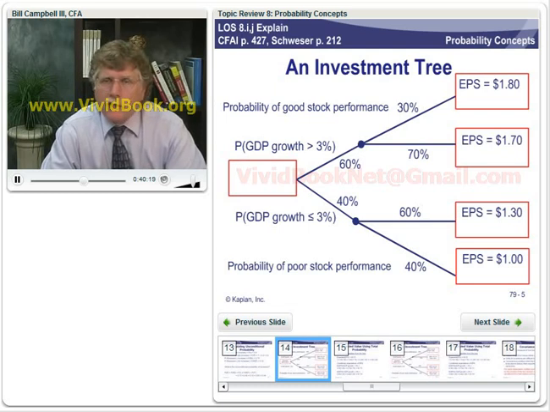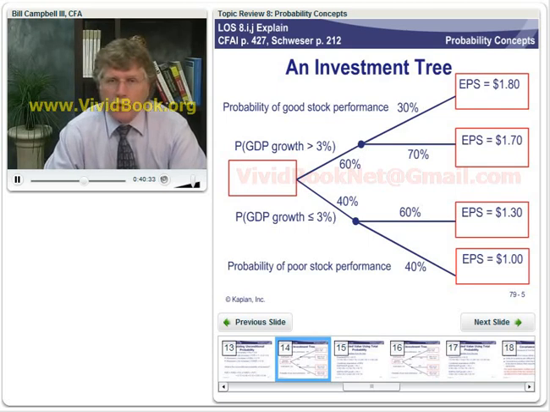We might, for example, be asked, what is the expected value of the earnings per share? Well, we take each of those possible outcomes on the right, $1.80, $1.70, $1.30, $1, and we multiply each one by the probability that that situation occurs and add them up. That's just a straightforward expected value from the formula that we had a few slides ago.